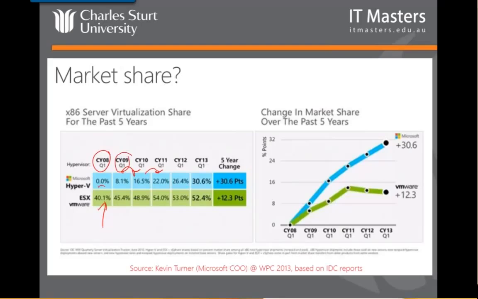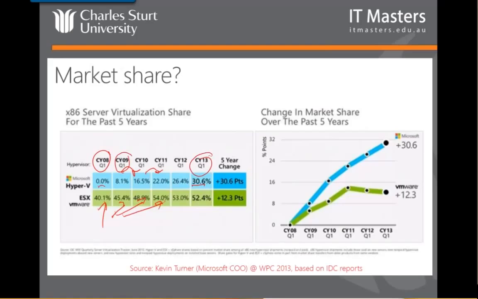By the way, in the meantime, ESX was also growing. Why? Because virtualization started to be the main platform, right? And in 2013, I don't have the figures for 2014, Microsoft reached around 30%.